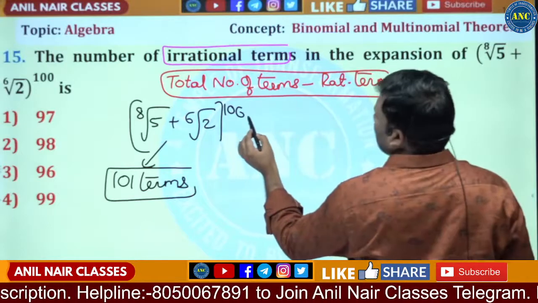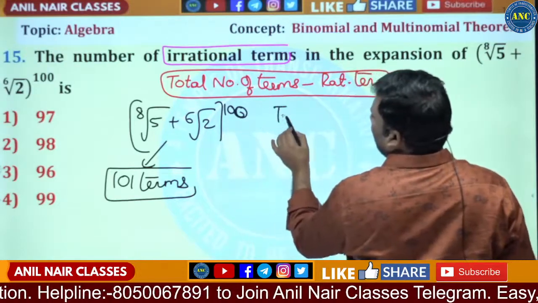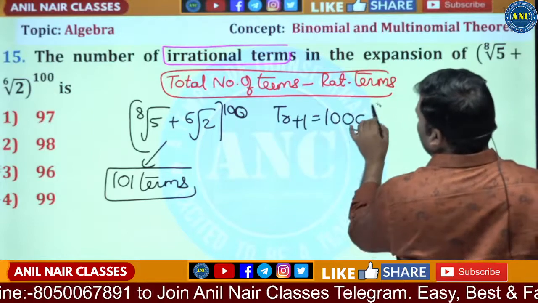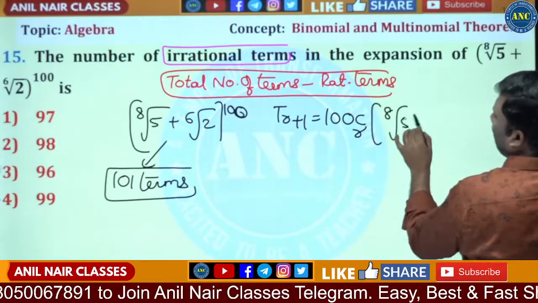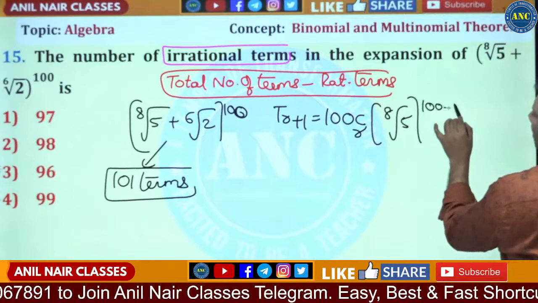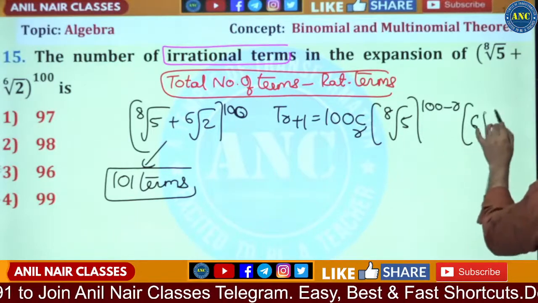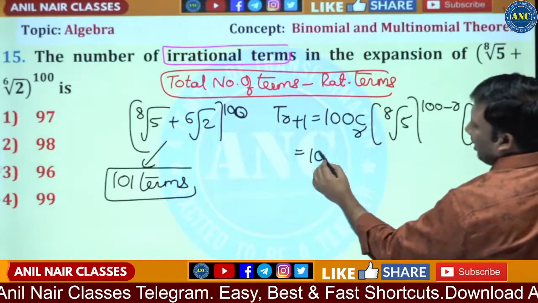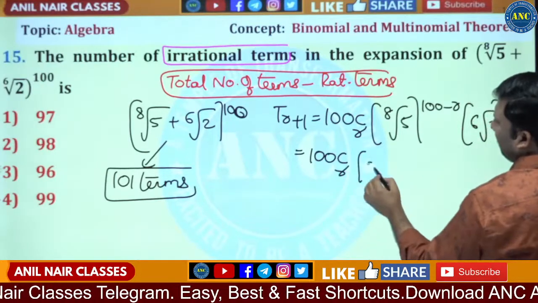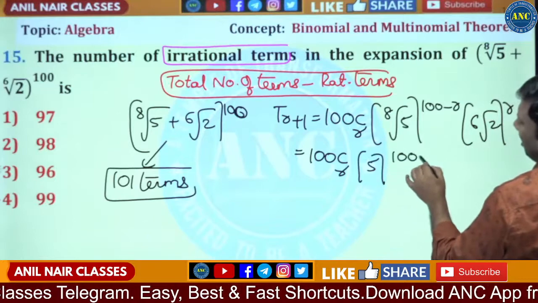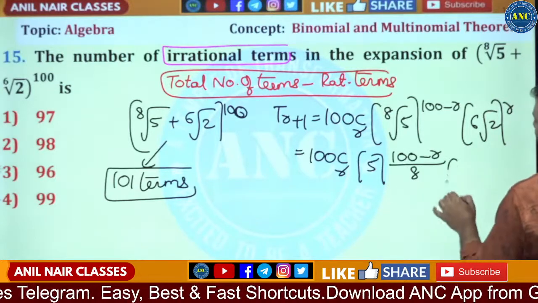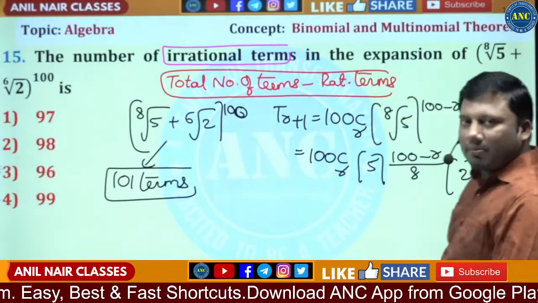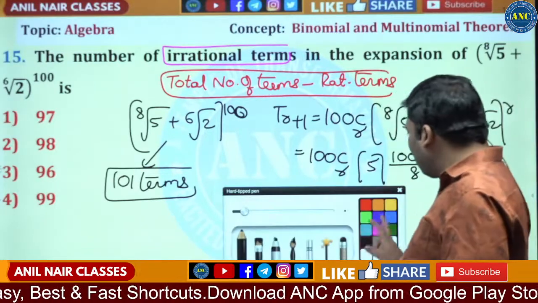So T(r+1) is equivalent to 100 CR (8th root 5) power (100 minus R) into (6th root 2) power R. So this will be 100 CR, 5 power (100 minus R) by 8, and 2 power R by 6. Very easily you can solve the question.